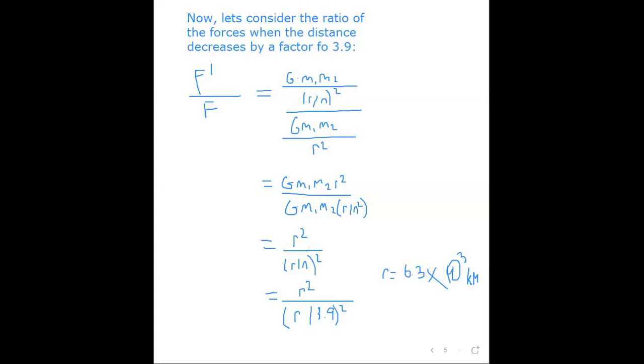Okay, so R squared. Oh wait a second, we actually didn't even need R. Basically these two terms cancel out, R squared over R squared cancels, so the only thing you're really multiplying is 3.9 squared.